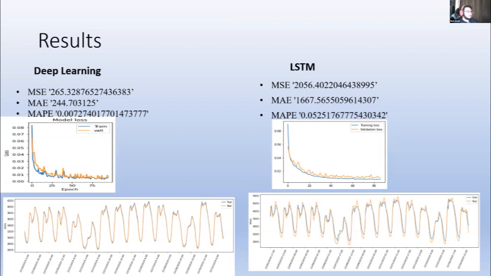The deep learning model was more accurate than the LSTM because I think LSTM needs a huge data and works with 3D matrices. So maybe my data set was not enough for the LSTM model, or I don't know.